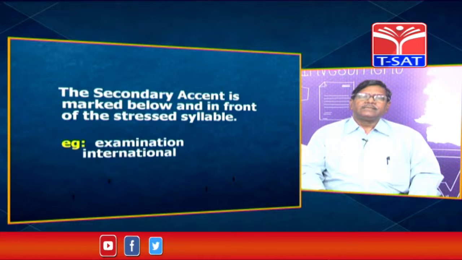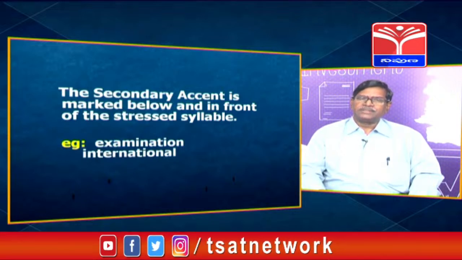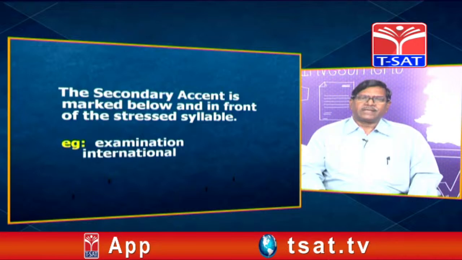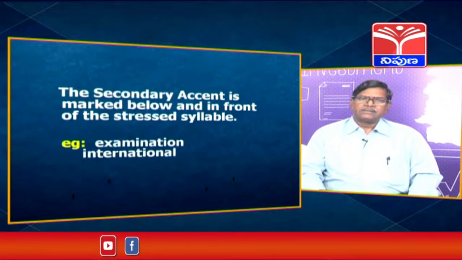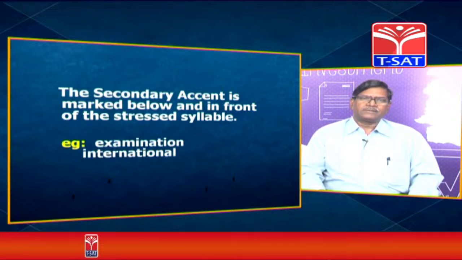That is why in the word examination, the syllable nay is marked with primary accent, before and above the syllable, and xa, the second syllable, is marked with secondary accent, that means before and below the syllable.